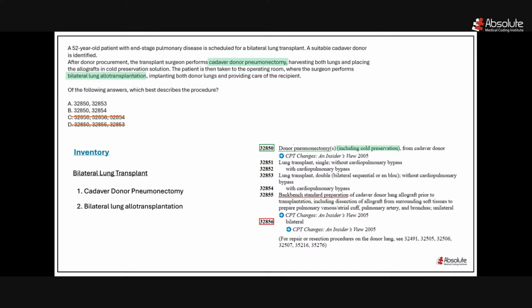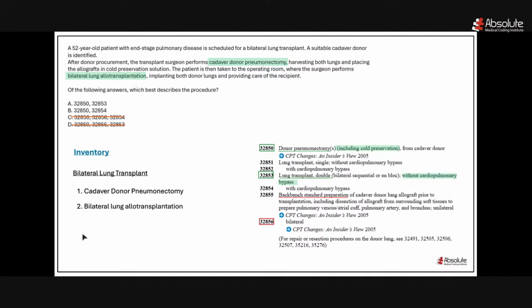We are left with option A and B. Option B is coding for 32854, and option A is coding for 32853. 32853 is for lung transplant, double, without cardiopulmonary bypass, and 32854 is for lung transplant, double, with cardiopulmonary bypass.